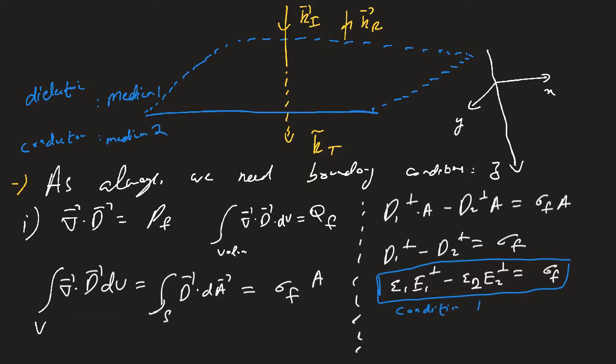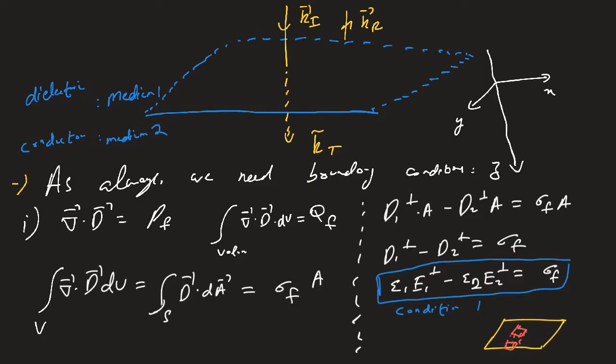Just to be clear as to what we've done here, we've taken our interface, which was the interface between medium 1 and medium 2. Within that interface, we've drawn a Gaussian cube above and below.